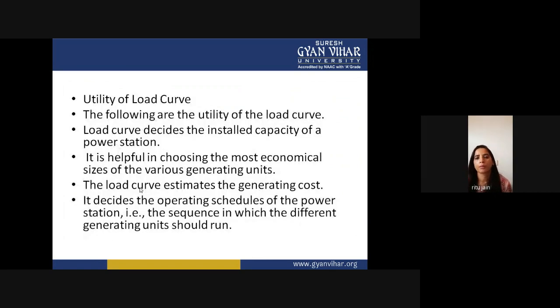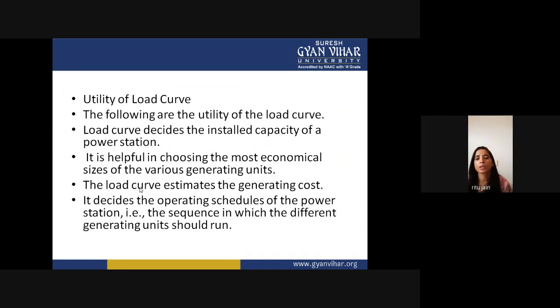Utility of load curve. The following are the utilities of the load curve. The load curve decides the installed capacity of a power station. If you don't know how much load you require, then you are not able to generate the electricity. It is helpful in choosing the most economical size of the various generating units, because there are different generating units in a power plant.